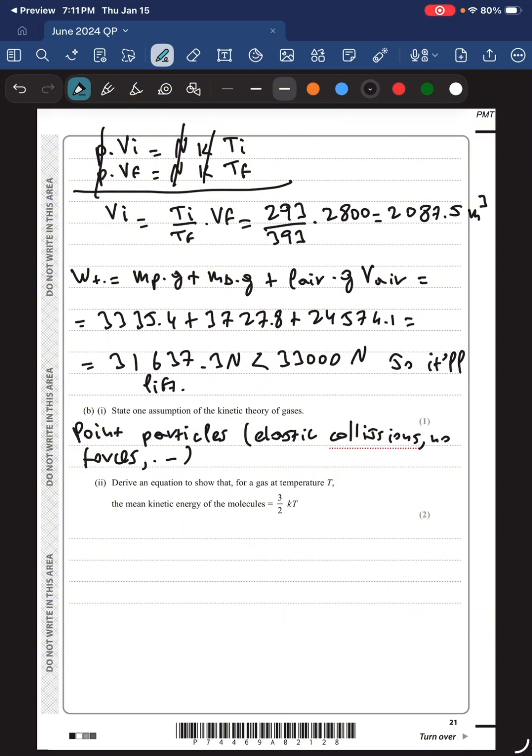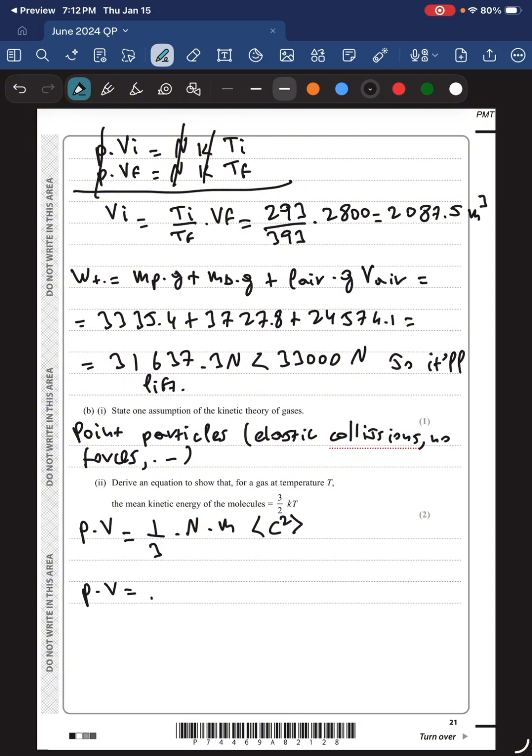So anyway, part 2: derive an equation to show that for a gas at temperature T, the mean kinetic energy of the molecules is 3/2 kT. For this one, we can use the ideal gas law in this form: P times V equals 1/3 times the number of molecules times the mass times the mean squared velocity.